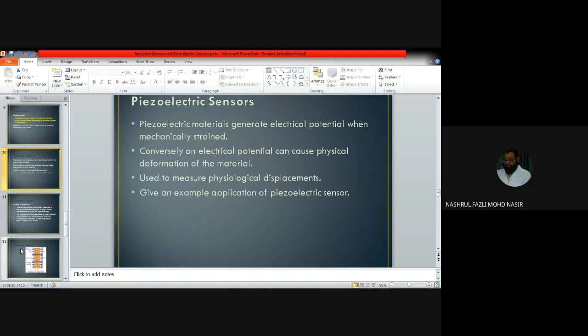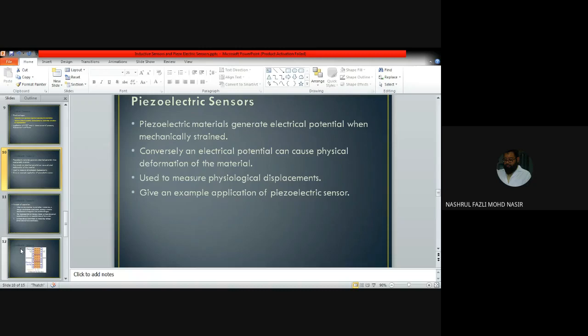The material becomes deformed, it changes shape, and when there's deformation of shape, you can actually measure physiological displacement.